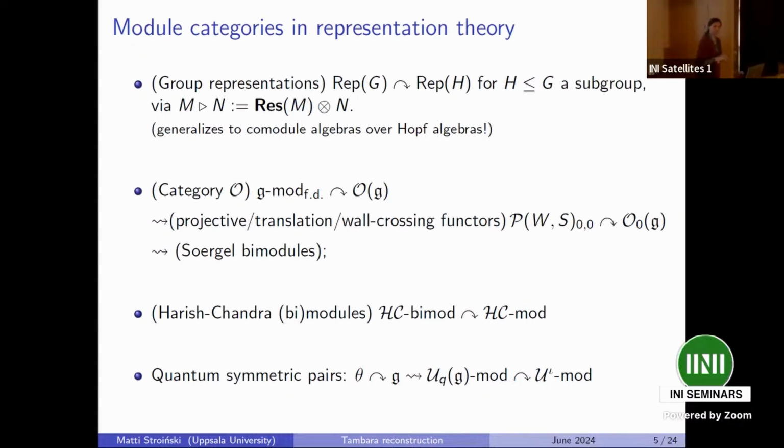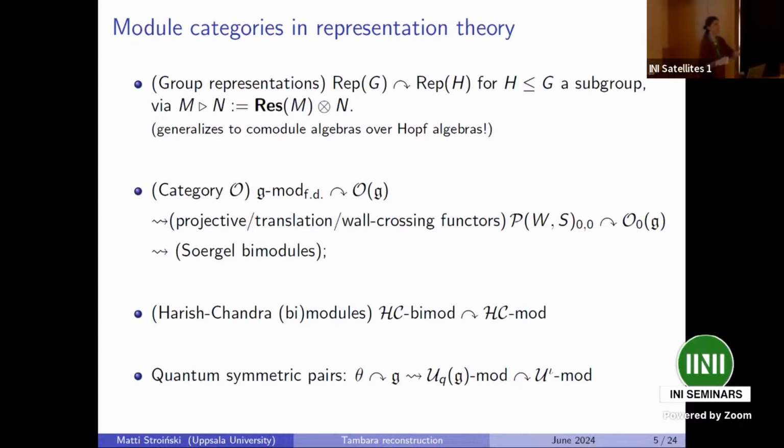And if I take this even a step further, this is in disguise the action of Soergel bimodules on Soergel modules of the coinvariant algebra. So again a common theme is that bimodules act on modules by tensoring. For instance, I could consider Harish-Chandra bimodules associated with some Lie algebra, or just generally bimodules over an associative algebra.